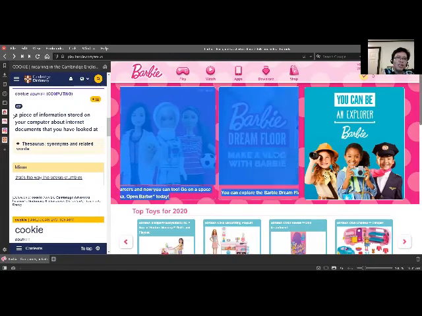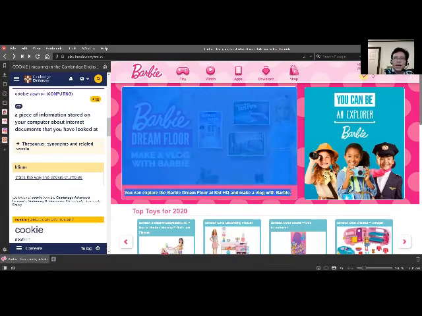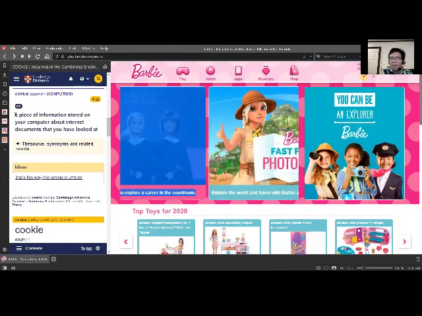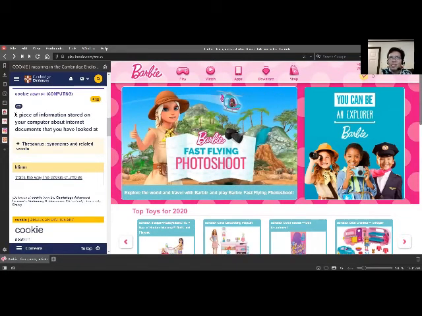Okay, so a cookie, if you look on the left side of the video, is a piece of information stored on your computer about internet documents that you've looked at. So when we say internet documents, we can talk about HTML pages, in short, the websites you've been to.